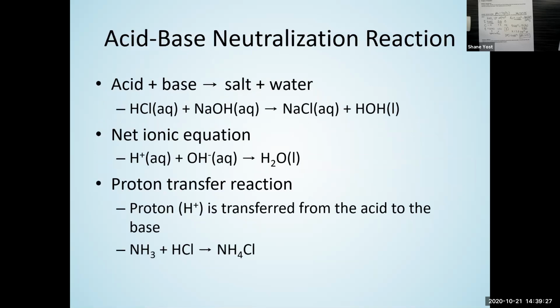But if I add, say, hydrochloric acid and sodium hydroxide, which are different acids and bases, they aren't conjugate acid-base pairs, then those will react with each other. Or if I add my HNO2 acid with sodium hydroxide, those are different acids and bases, they aren't conjugate acid-base pairs. Those will react with each other and form a salt and water. But again, if you are a conjugate acid-base pair in solution, those do not undergo some sort of acid-base neutralization reaction. Those establish just a weak acid, weak base equilibrium.